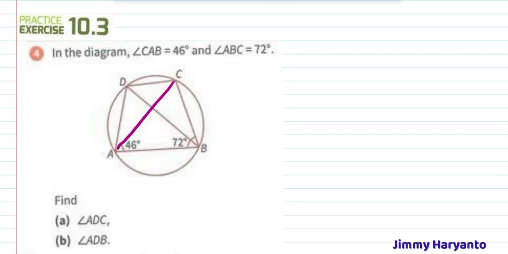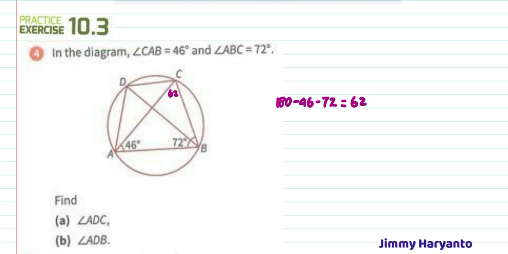For question 4, I want to start from this triangle. I want to find this one. So 180 minus 46 minus 72. And the answer is 62. So this one is 62.